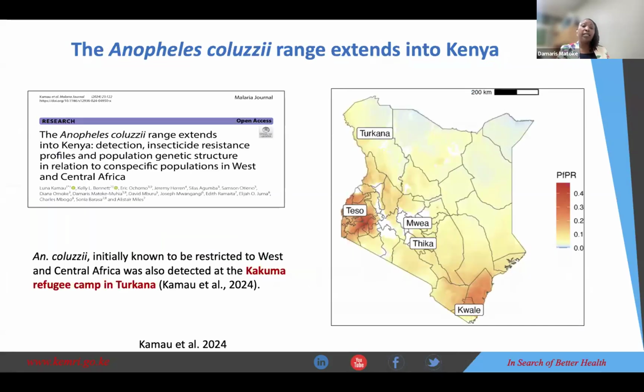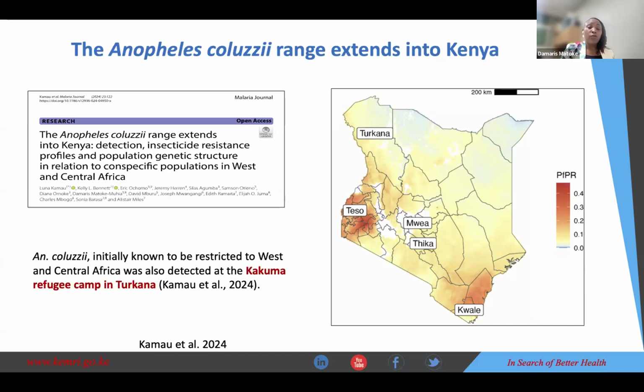Based on our surveillance, we've been able to note that Anopheles coluzzii is now in the country. Maybe it's been there, or is only now in the country. We know that Anopheles coluzzii is mostly restricted to parts of West and Central Africa, but it was detected by Kamau et al. in the Kakuma refugee camp in northern Kenya.